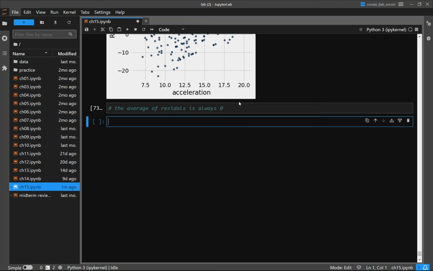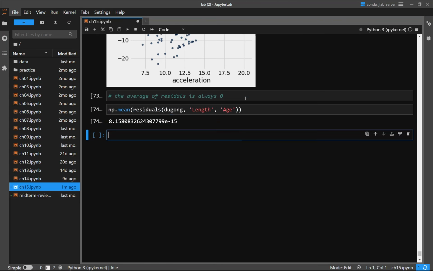The average of residuals is always 0, so give me the residuals for the dugong, even the nonlinear thing, length versus age, or age versus length. Length on the x, predicting age, give me the mean of all those values. It's going to be 0.